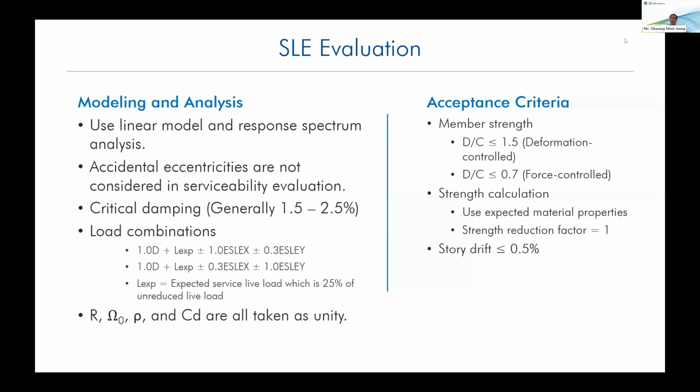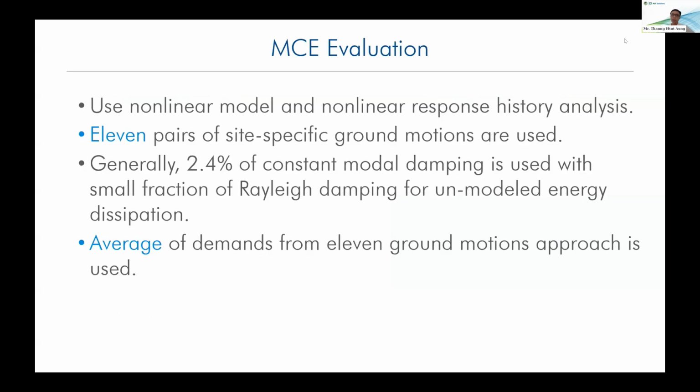For acceptance criteria, we check the demand to capacity ratios of members for deformation control actions according to their ductility. For deformation control actions, we allow DC ratios of 1.5. But for force control, we allow only up to 0.7. And we also check the story drift limit of 0.5%.